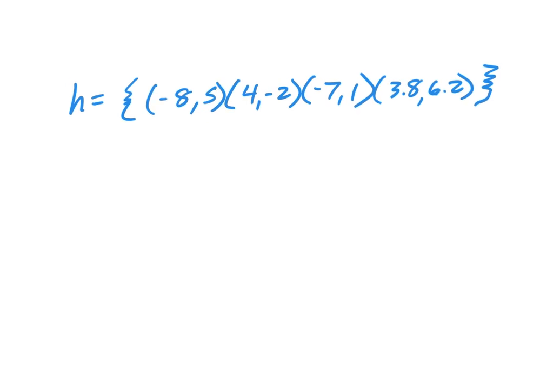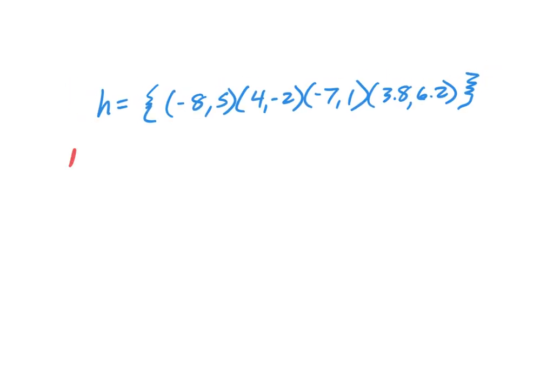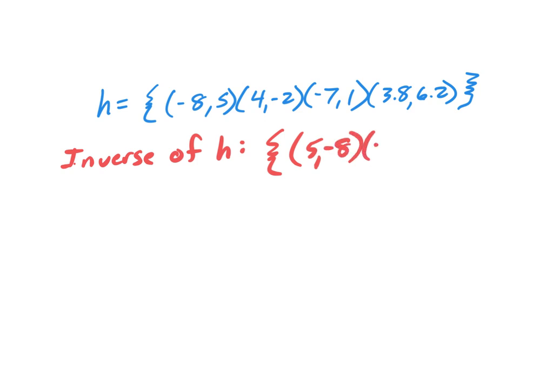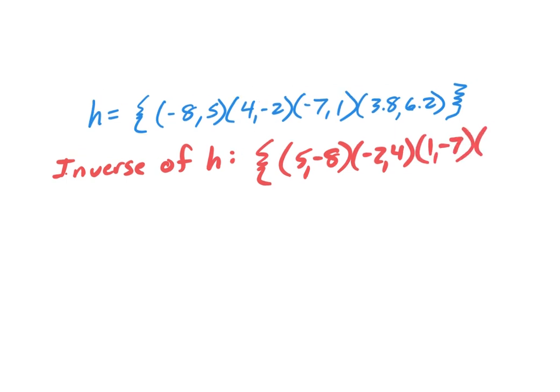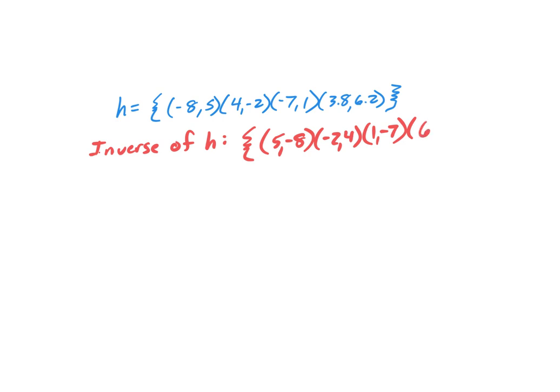And if I ask you to find the inverse of h, we're essentially just going to switch the ordered pairs around. So negative 8, 5 becomes 5, negative 8. 4, negative 2 becomes negative 2, 4. 1, negative 7, and 6.2, 3.8.